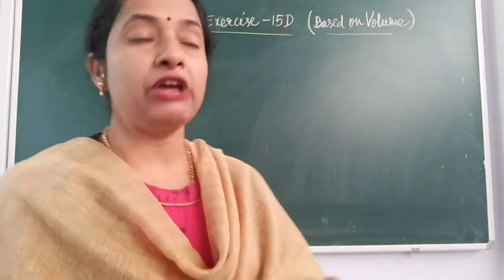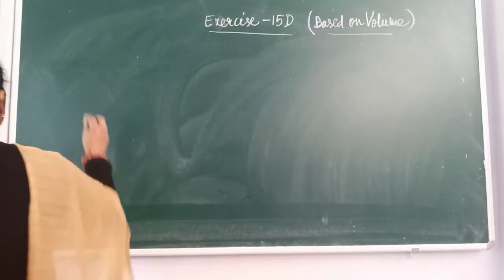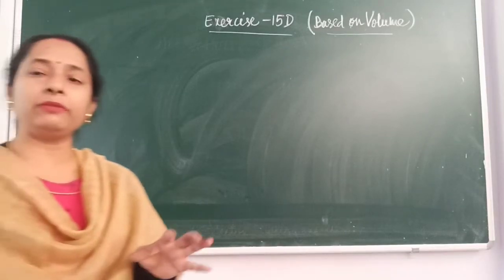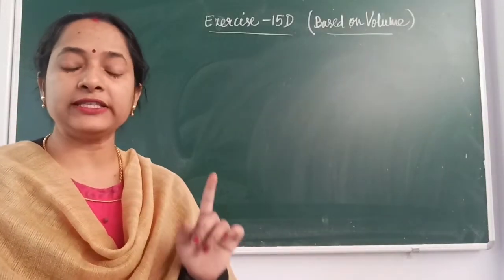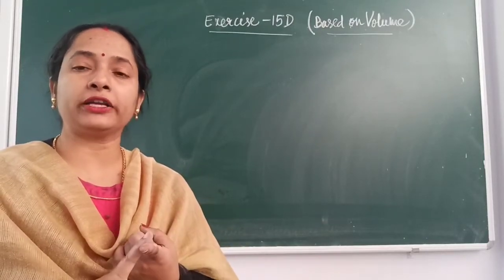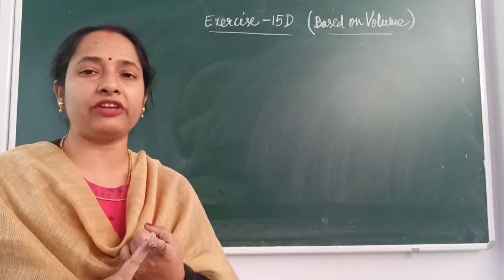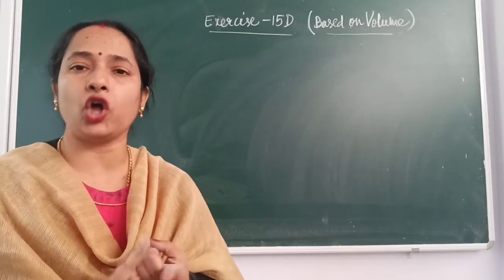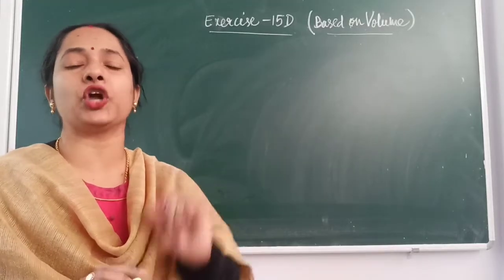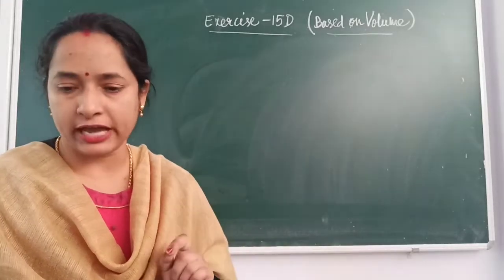So here, first you draw the figure. Whenever you solve any sums related to area, perimeter and volume, always read the question. After reading the question, when you identify whether the figure is a square, rectangle, cube or cuboid, immediately draw the figure and write down the dimensions.